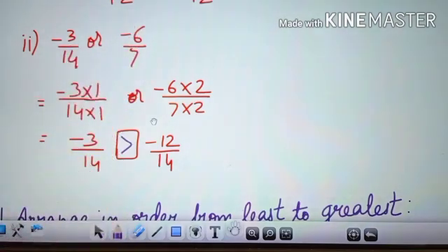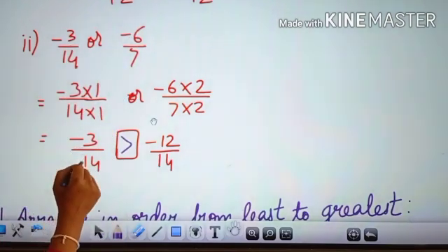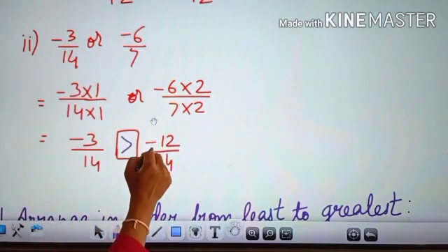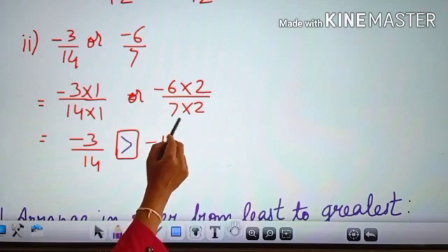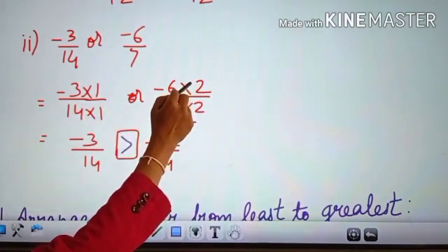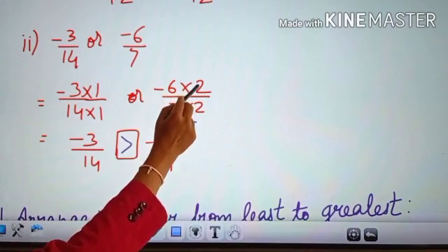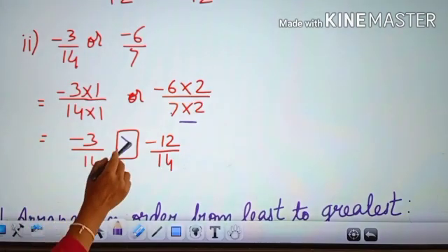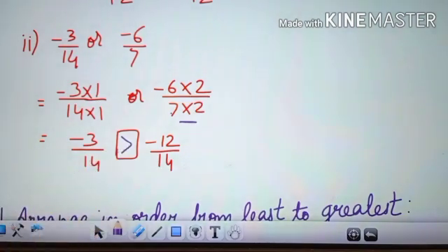So here it will be minus 3 upon 14 as it is, and now minus 6 upon 7. You have to make this denominator 14, so 7 2s are 14, so of course you have to multiply the numerator also with 2. So minus 6 into 2 will be minus 12. But you know that on the number line, which one is greater? Minus 3 upon 14 is greater. So you have to put the sign towards minus 3 upon 14. Hope you have understood this.